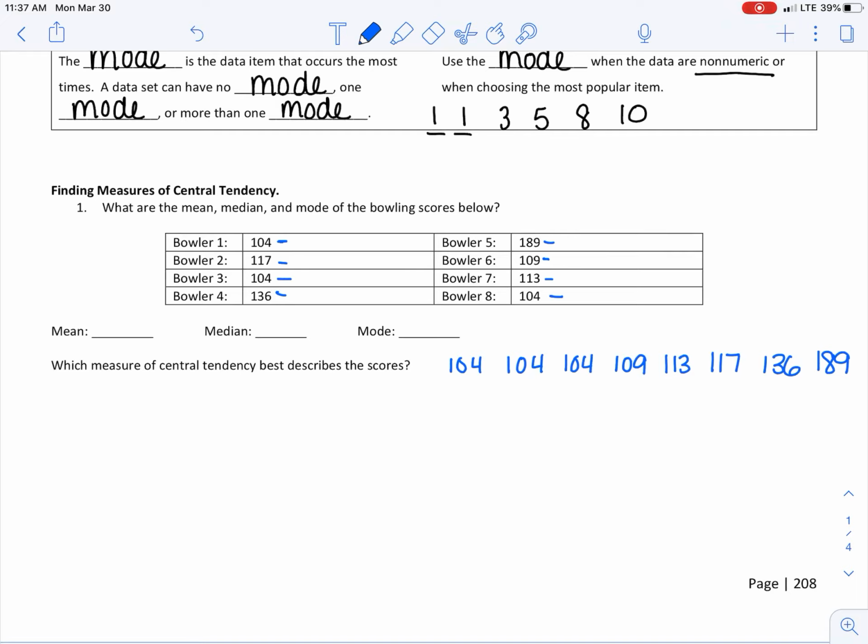That gives us a total of 976. Now, that's not our final answer because now we have to divide that by the number of data values we have. If you count your numbers, we have 1, 2, 3, 4, 5, 6, 7, 8, which would make sense since we have 8 bowlers. So we divide that by 8, and you actually get 122. So our mean value is 122.